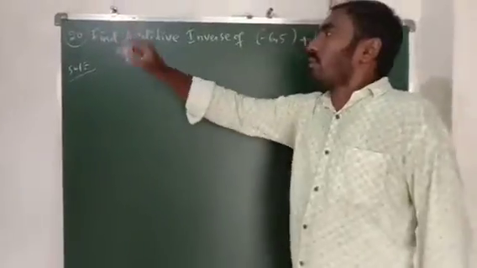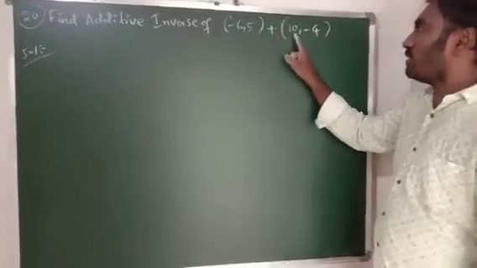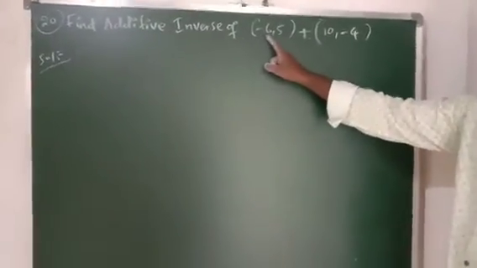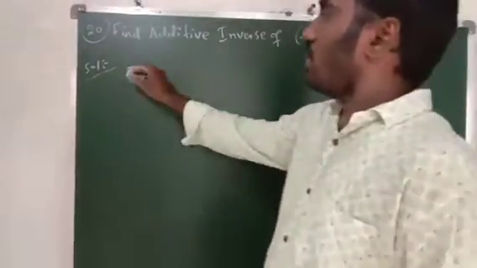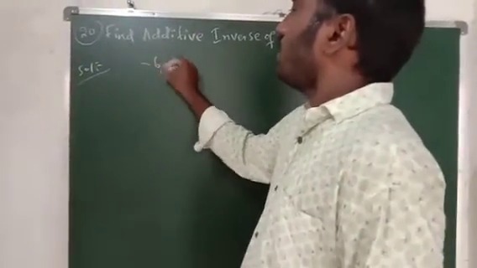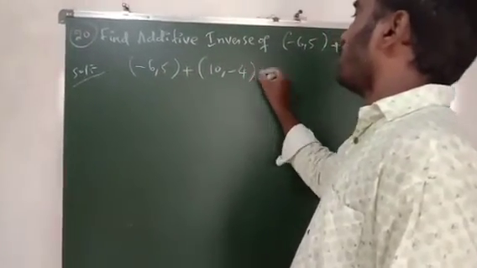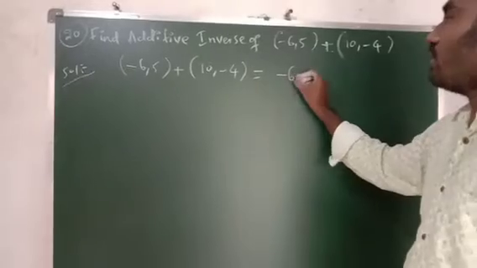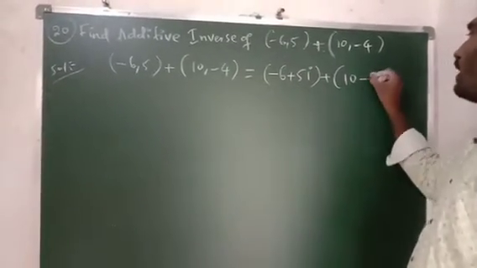Okay. Next problem: find the additive inverse of minus 6 comma 5 plus 10 comma minus 4. Now the solution. Here minus 6 comma 5 plus 10 comma minus 4 can be written as minus 6 plus 5i plus 10 minus 4i.